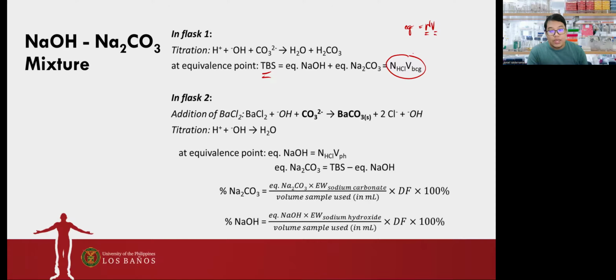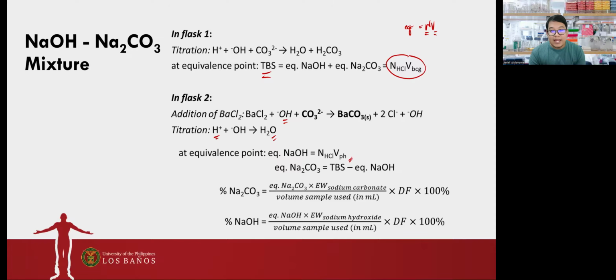Then in flask 2, we separate carbonate ion as barium carbonate solid. So it is as precipitate. Then yung ions na natira is yung OH minus will be titrated as H plus forming your water. So makukuha natin yung equivalence ni OH minus as NV naman ng phenolphthalein.